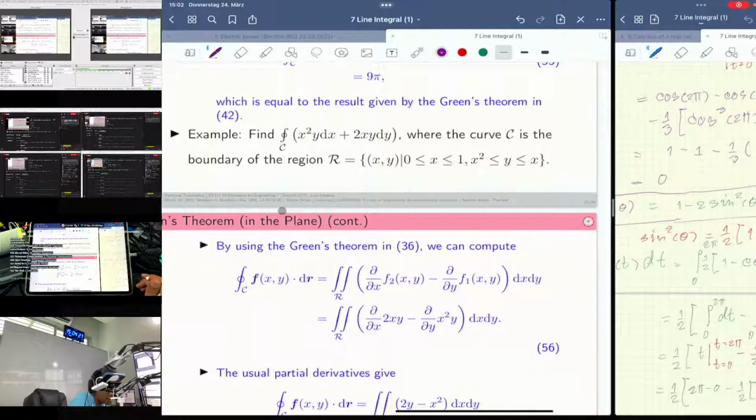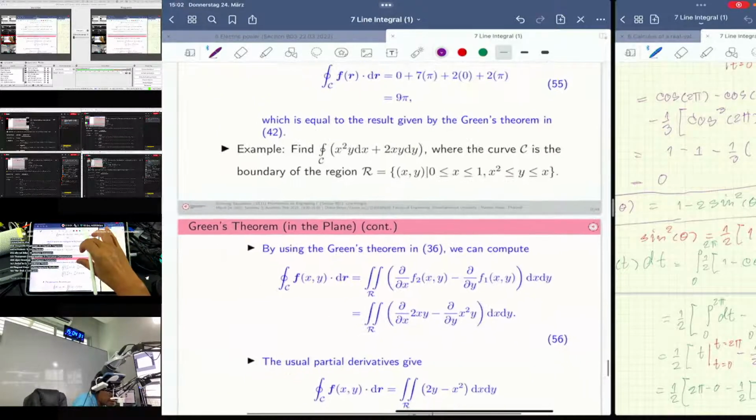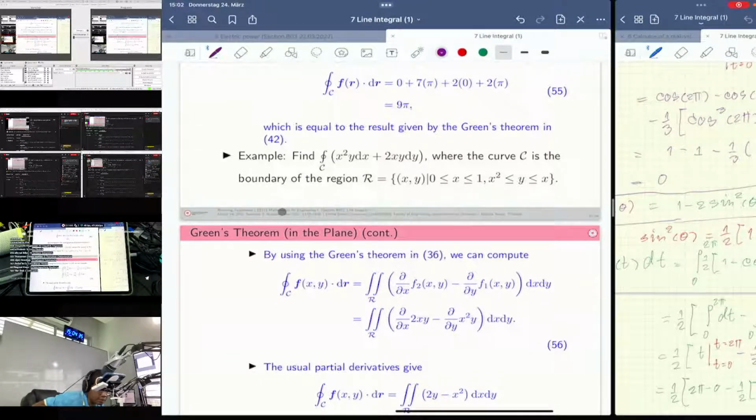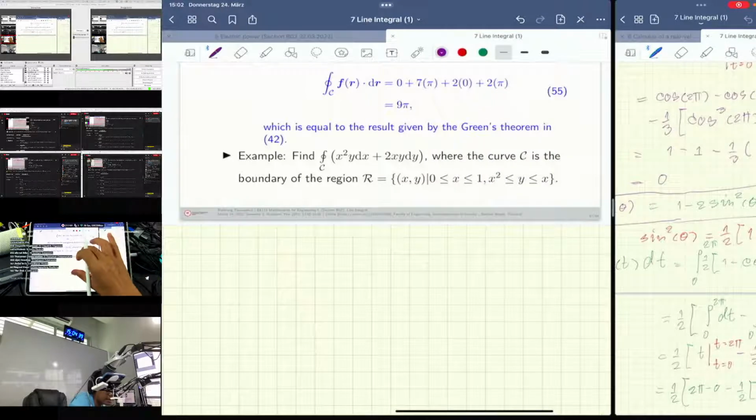Okay. Now let's open another page. We have the problem like this, and they want to find the closed integral, the contour integral of this function when the curve C is the boundary of the region R like this.